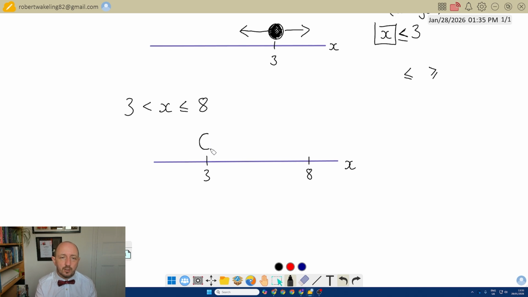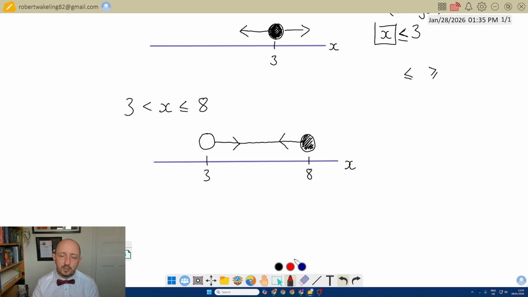So when we do our circles on 3 and 8, x is in between them. So we connect them and do the arrows pointing inwards. So x is somewhere in here. Okay, that's where x is going to sit. Okay, we have to be aware of the less than or equals to on this one only. Okay, it doesn't have it on the 3.